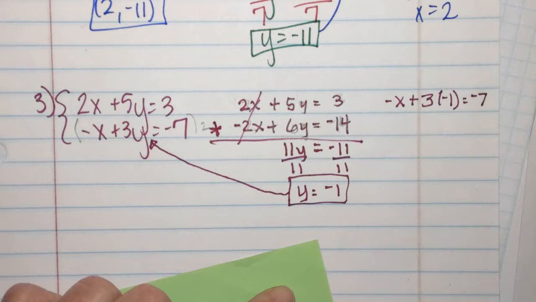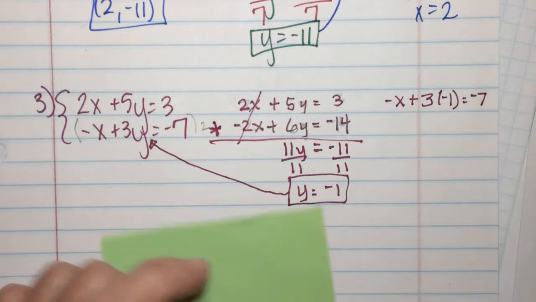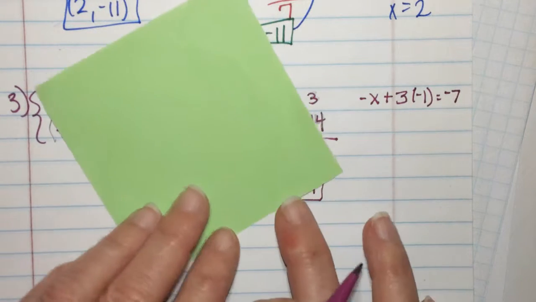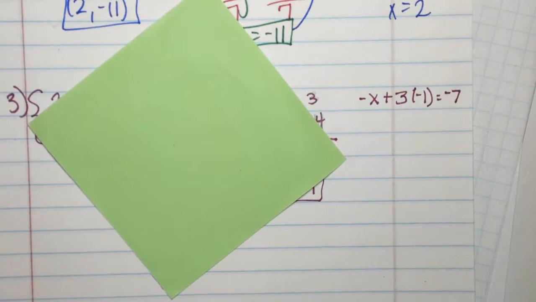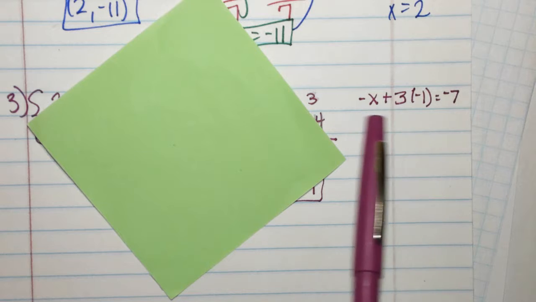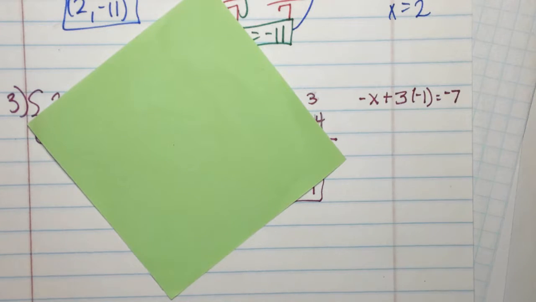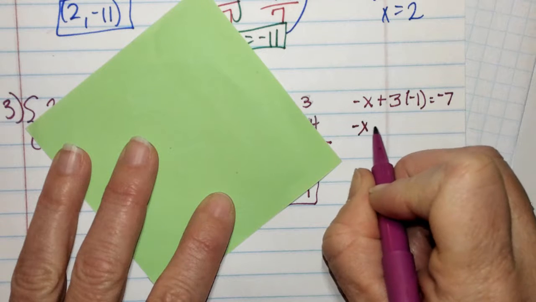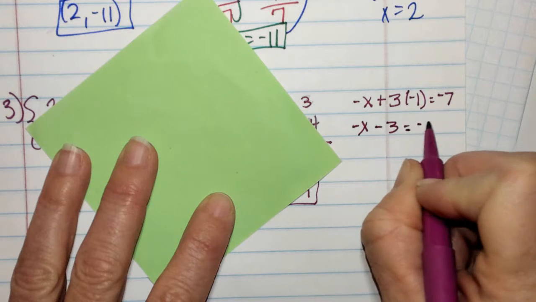Reggie, what's next? There's no 2x. You should write it. She's right. 3 times negative 1. So bring down your negative x. What is 3 times negative 1? Minus 3 equals negative 7.